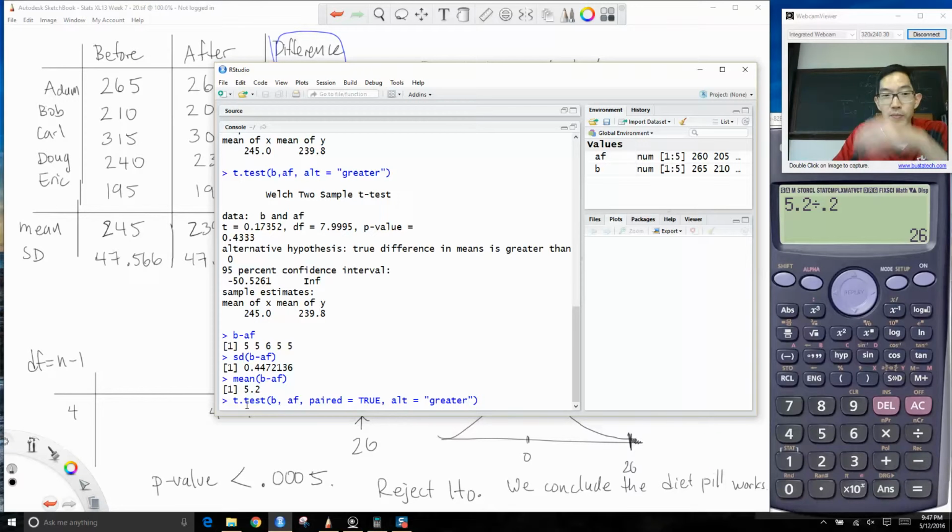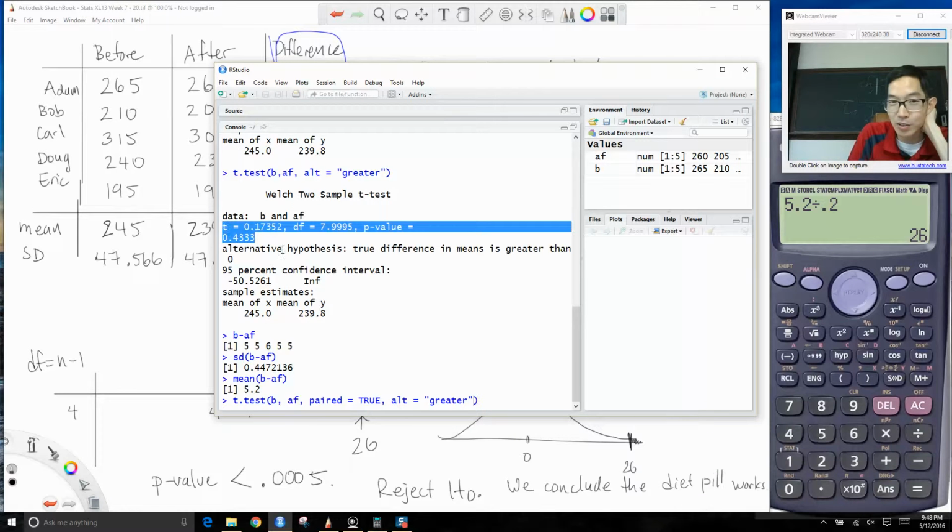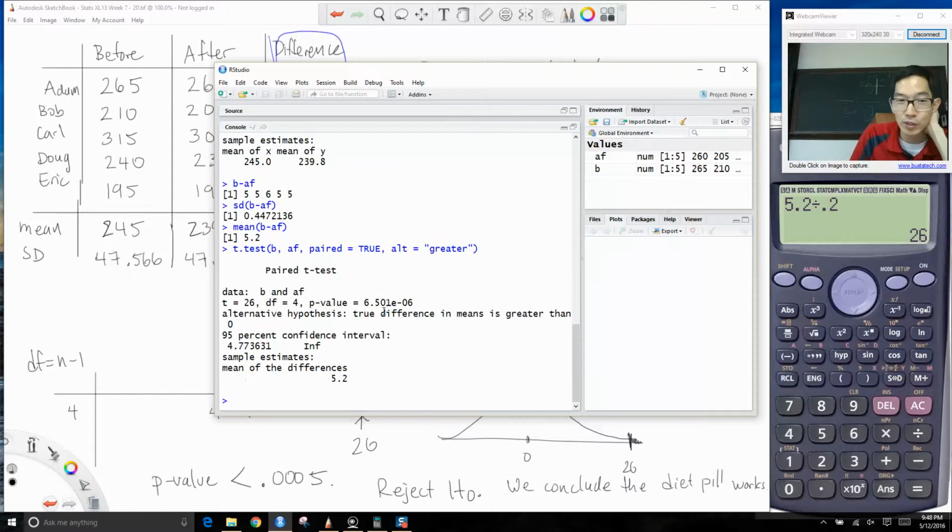Notice over here I'm using before and after, with the alternative equal to greater, and our p-value ended up being 43% here. This is the result of the test there, and we were 0.17 standard deviations away from the mean. Over here, we end up 26 standard deviations away from the mean.